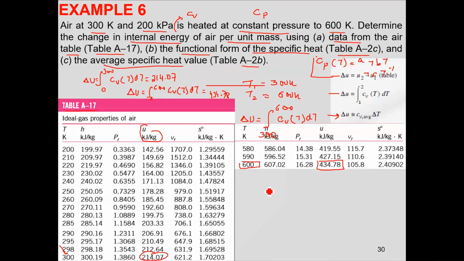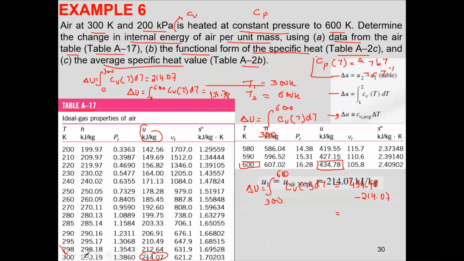If I have to calculate delta U from 300 to 600, Cv(T) dt, this would essentially be the difference between the two values. Is it clear to you? It would be 434.78 minus 214.07. Clear enough?